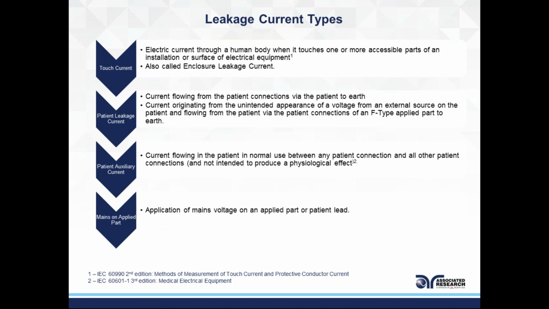Now, this could also be classified as enclosure leakage. Enclosure leakage current that may be called out in the standard is similar to a touch current point, which is not grounded. So if your medical product has a metal plate or some kind of metal conductive section, it could potentially get energized if the insulation barrier that we talked about does not hold up, or some manufacturing defect has gaping holes or pinhole insulation.